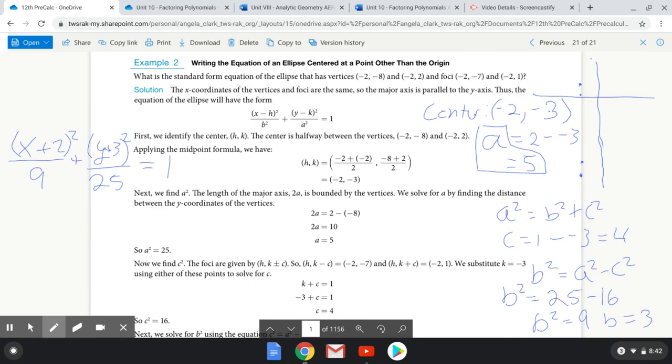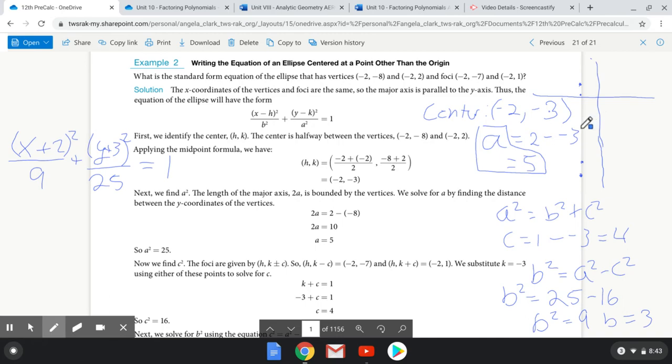So that's our equation, okay? So we have the center, half the major axis squared, half the minor axis squared. Notice I said half there. So A and B, this is a separate topic from writing the equation. We've done that part.